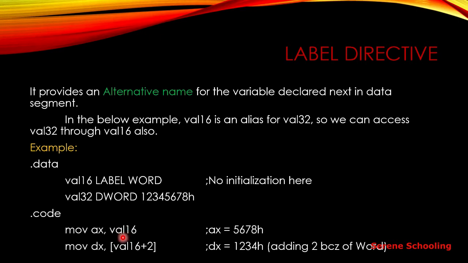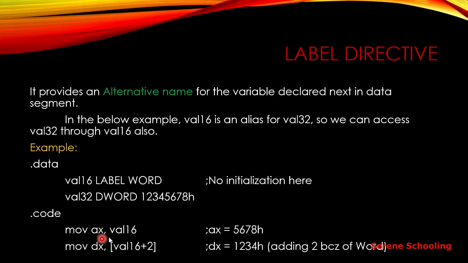So when I move val16 in AX, this whole number will not be stored in AX. Why? Because this whole number is stored in val32, which is a 32-bit number, and I cannot move a 32-bit number in a 16-bit register. I can only move a 16-bit number in a 16-bit register, right?